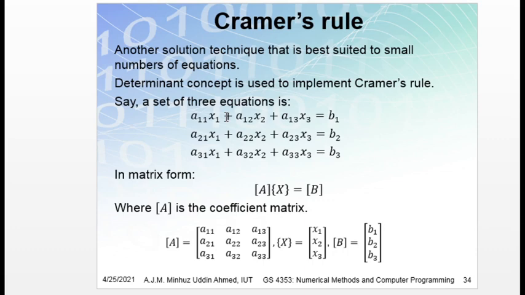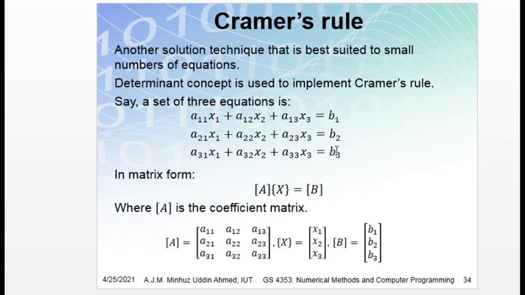The technique is in a simple form. If I rewrite this in matrix form, we can write it like this. A is the matrix of A11, A12, A13, and so on. As you can see, within the matrix all the coefficients of the variables are included, and X is the set of variables. We say this is the variable vector, and B is another vector, the scalar vector.